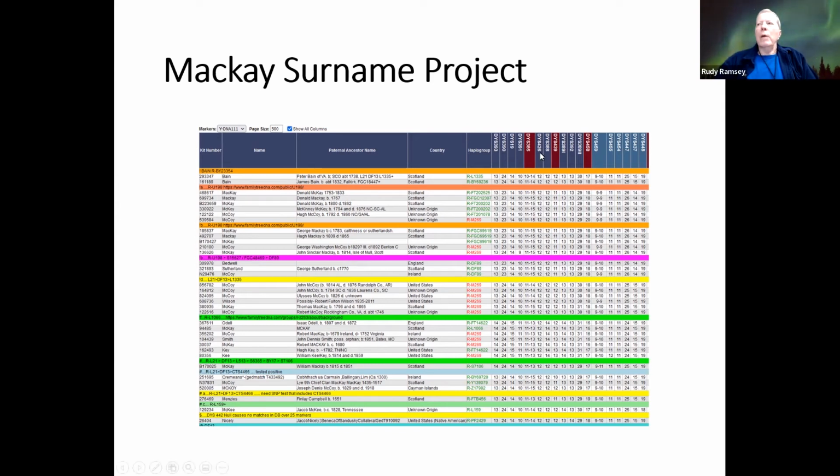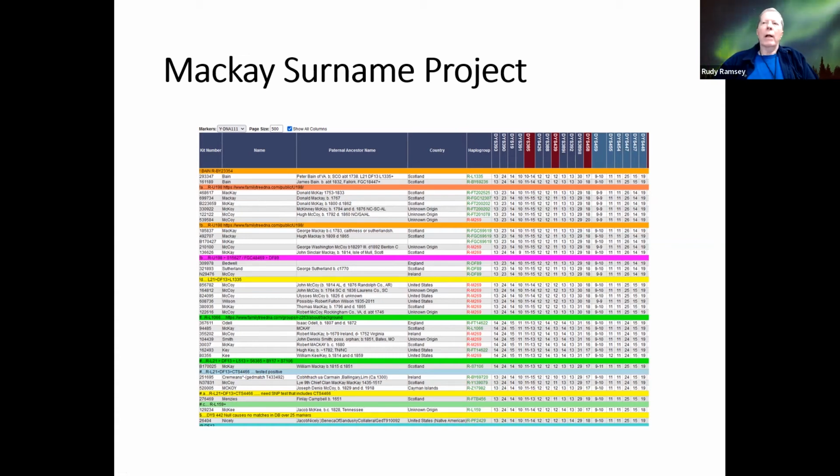And then there's information from here across another 100 columns about STRs, short tandem repeat values. And going down, there are also colored headers, and each of those represents a group of relatively closely related testers.